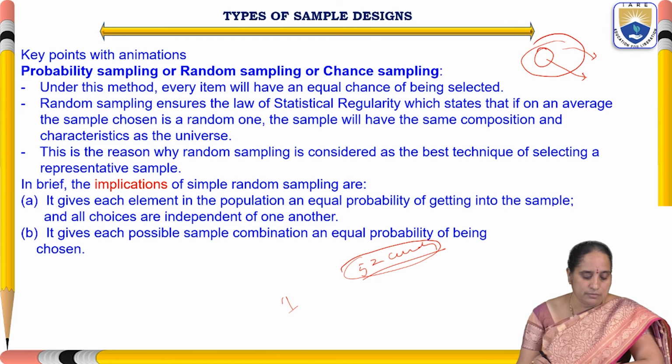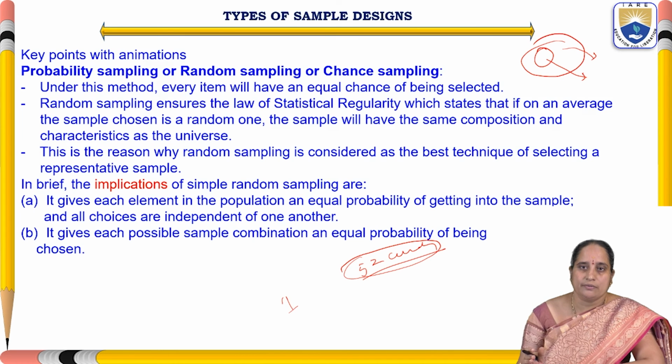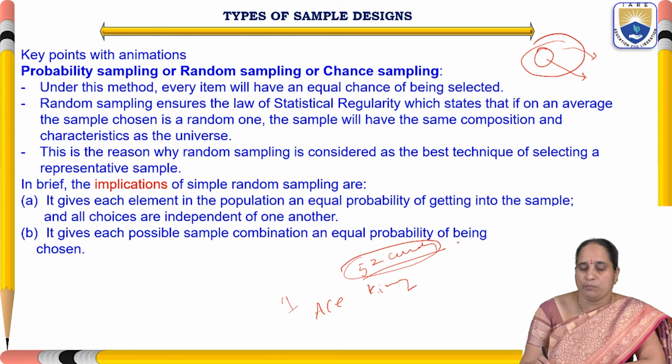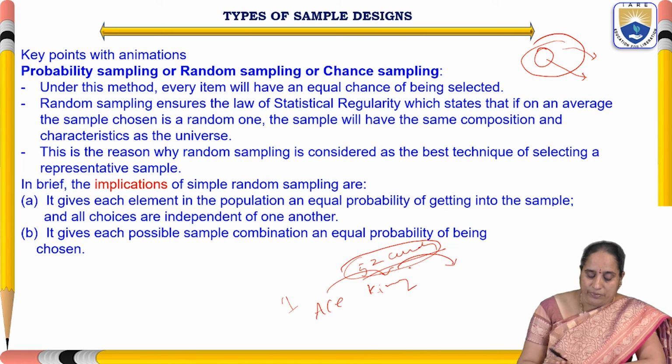The second one is that all choices are independent of each other. If you pick one card, the card may be an ace or a king or queen, whatever it may be. But these cards, whatever we draw randomly, will never have dependency on each other. No connection at all. They are all independent of one another.